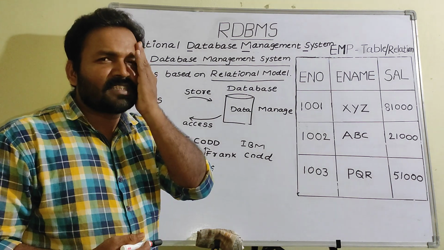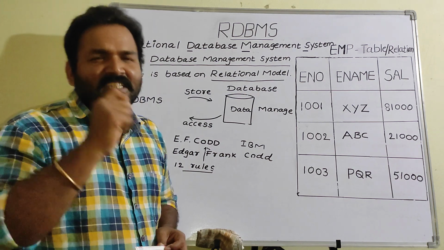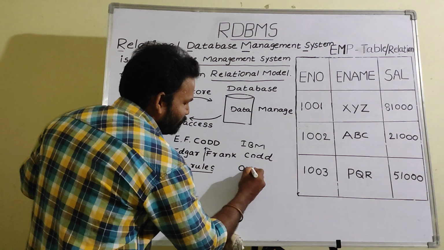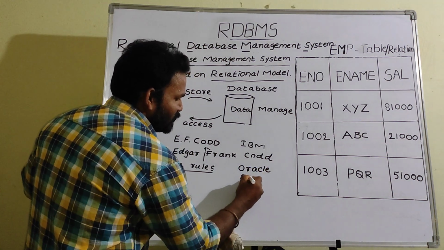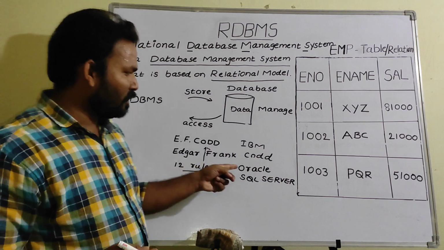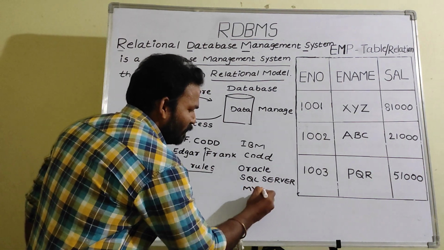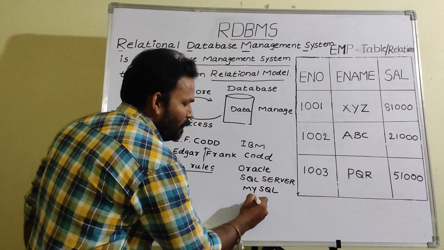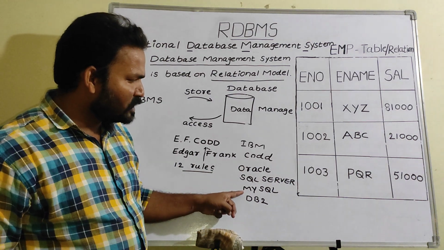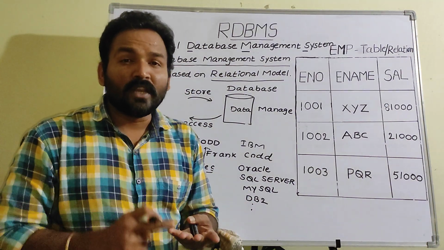So what are the relational databases? Popular examples of standard relational databases are Oracle, Microsoft SQL Server, MySQL, IBM DB2, Ingres, Informix, Sybase, Unify.